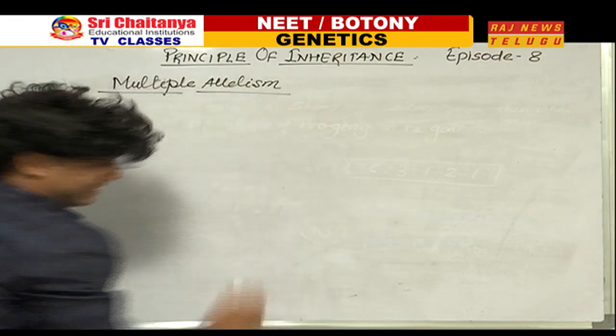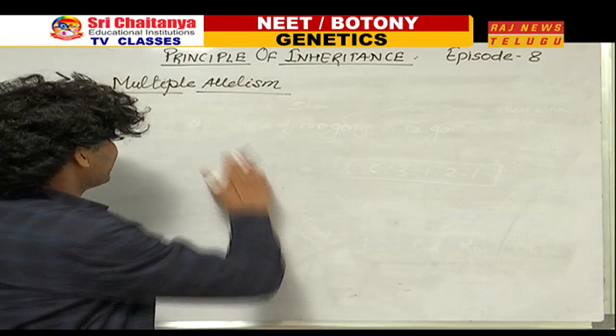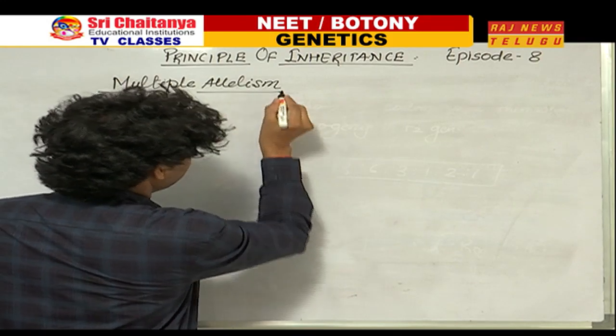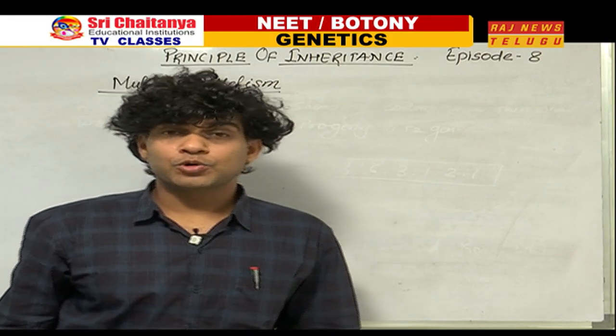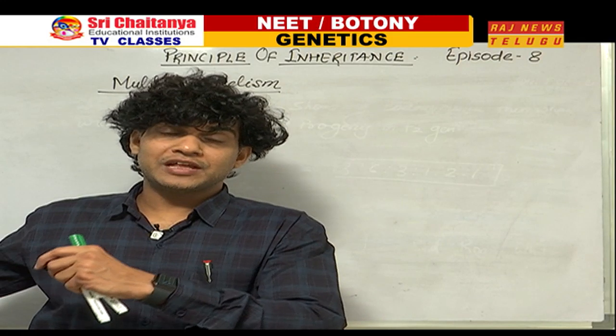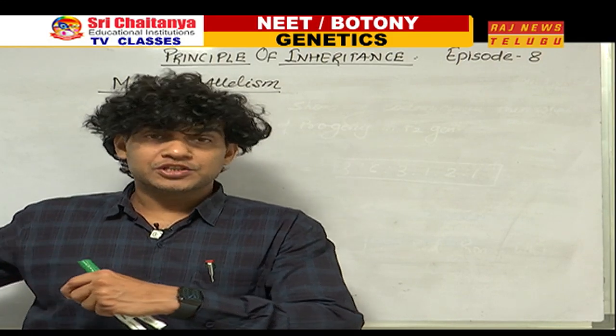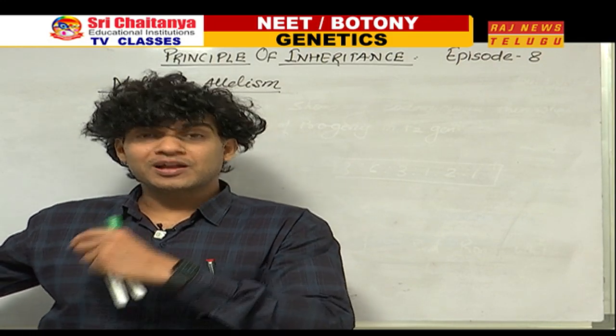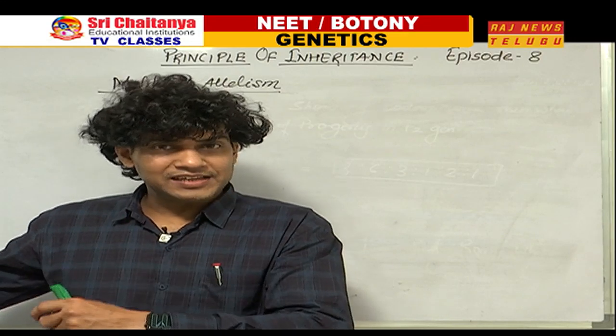Now multiple alleles. If you remember, when I discussed with you terminology, then I taught you that one of the genes that was present since beginning is known as a dominant gene or unmodified gene or wild gene.